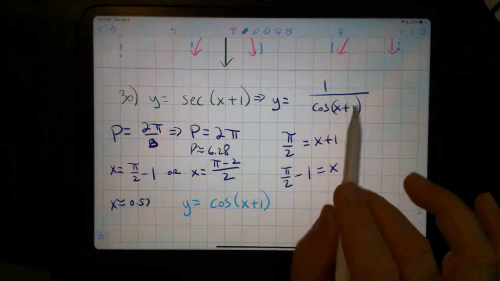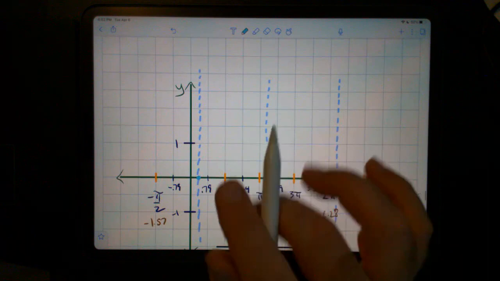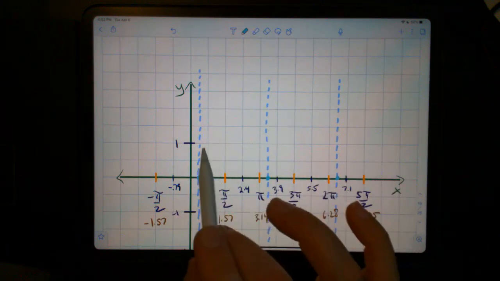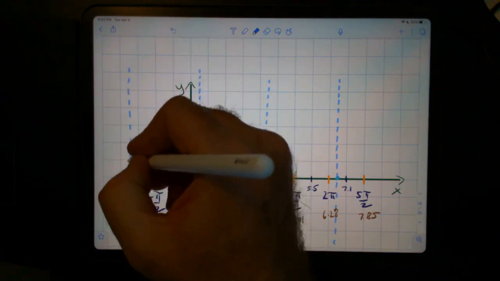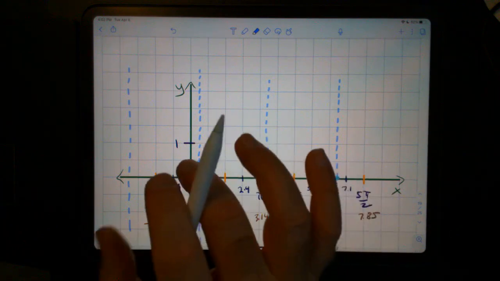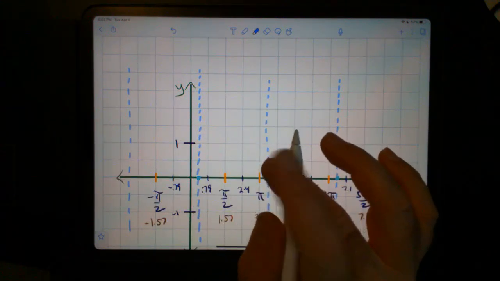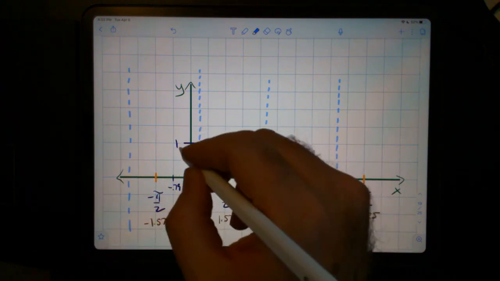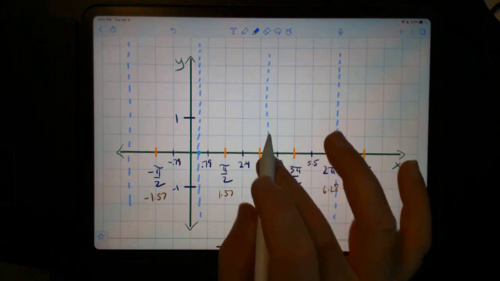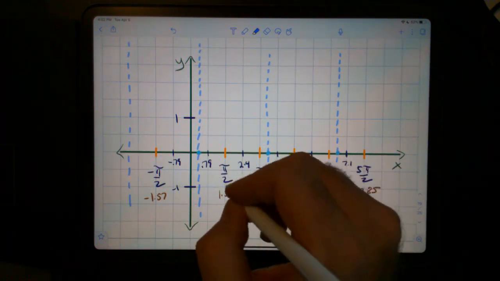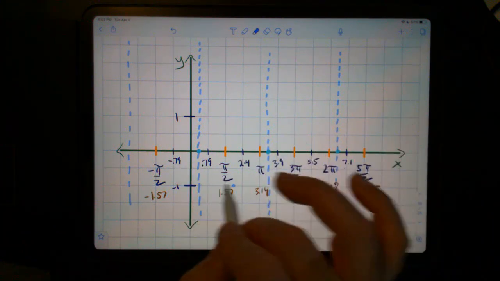This shifts everything to the left. Since it's periodic, we're also going to have one happening at... thinking about there is going to be the next one because it's going to go down and over.